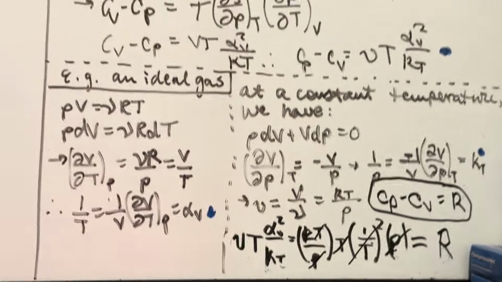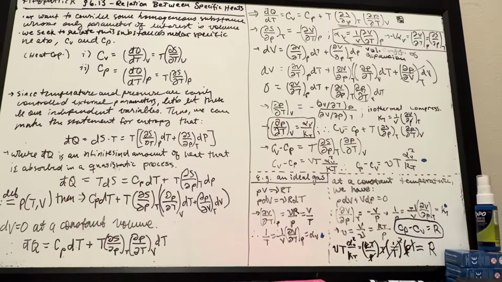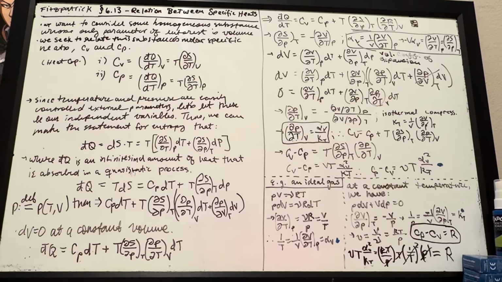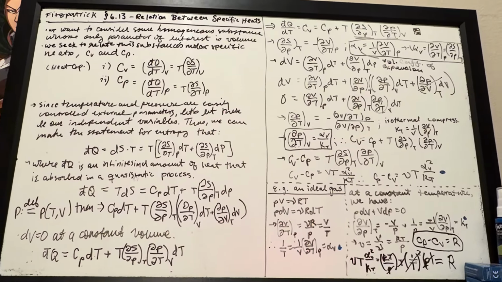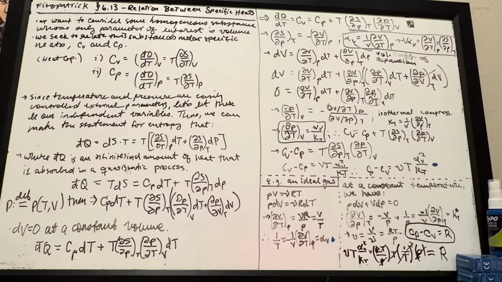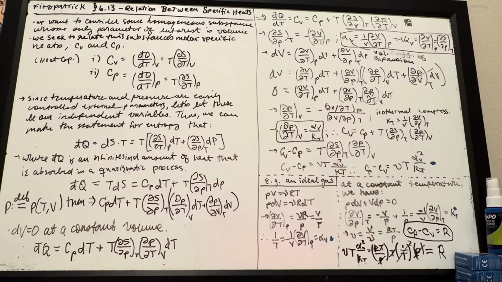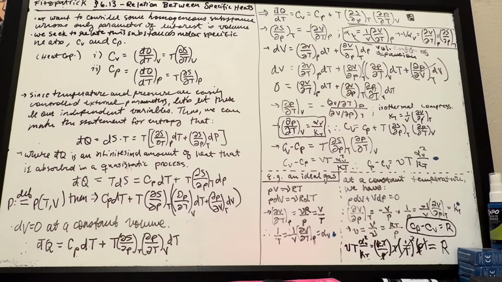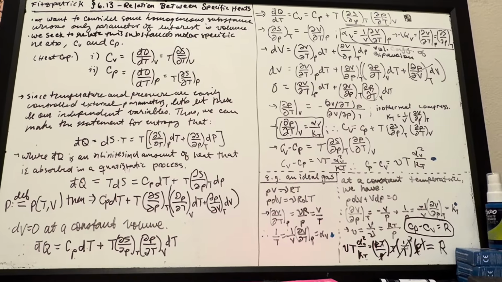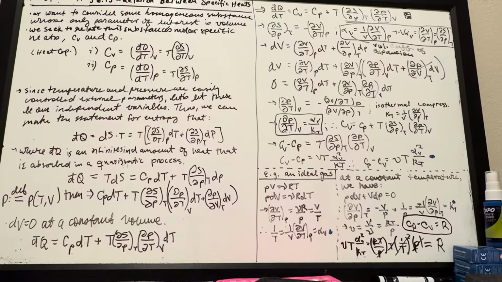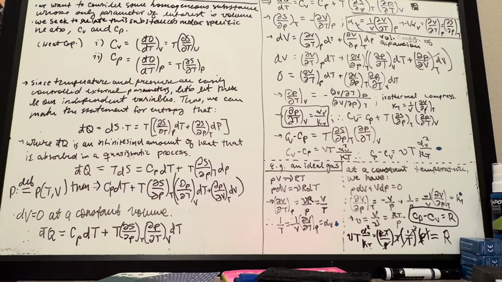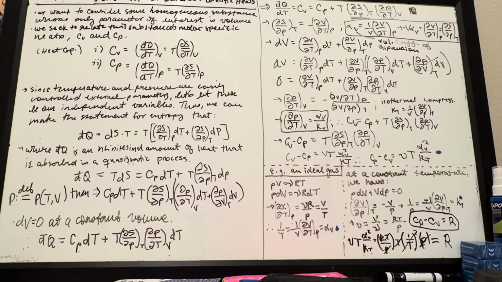All in all, that's section 6.13 in Fitzpatrick, and that is how you relate our specific heats together using our Maxwell relation and some simple knowledge pertaining to the differential behaviors of quantities mathematically, and moreover relating those things to actual measurable quantities like our volume coefficient of expansion and our isothermal compressibility.